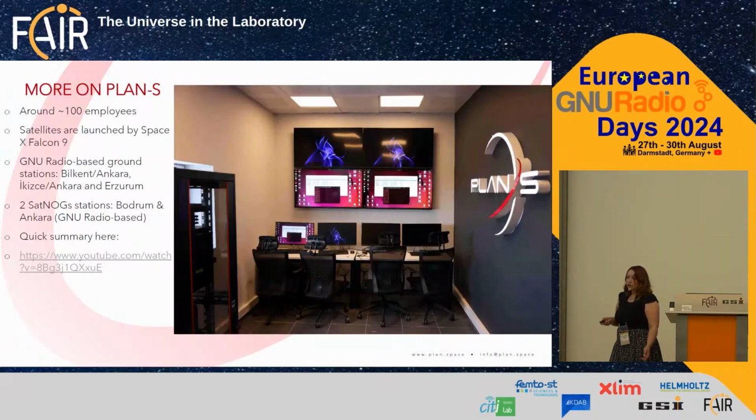We are sending our satellites using SpaceX Falcon 9 rockets. And we have 3 ground stations that we have built ourselves, 2 of which are situated in Ankara, Middle Anatolia, and 1 of them is situated in Erzurum. This is actually a picture of our ground station in our headquarters. All of our ground stations are GNU Radio based, and we use USRPs with that.